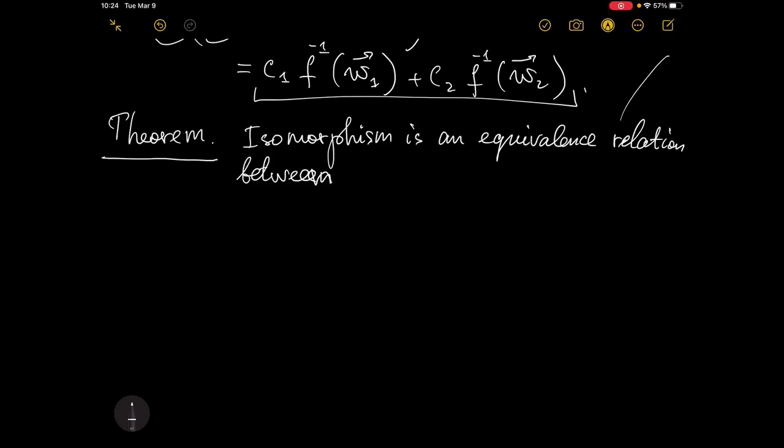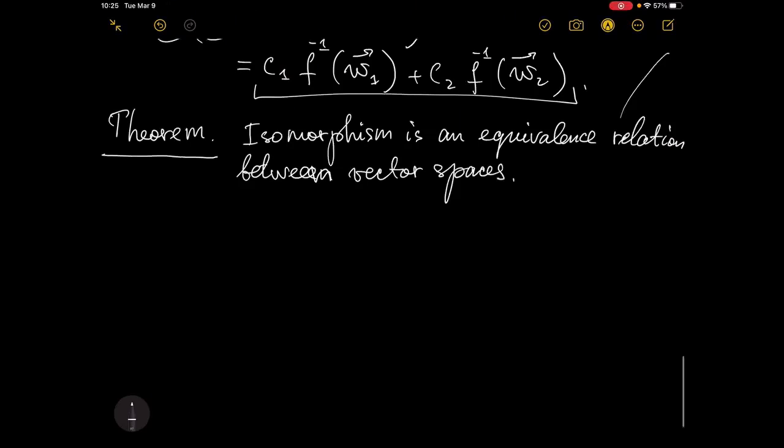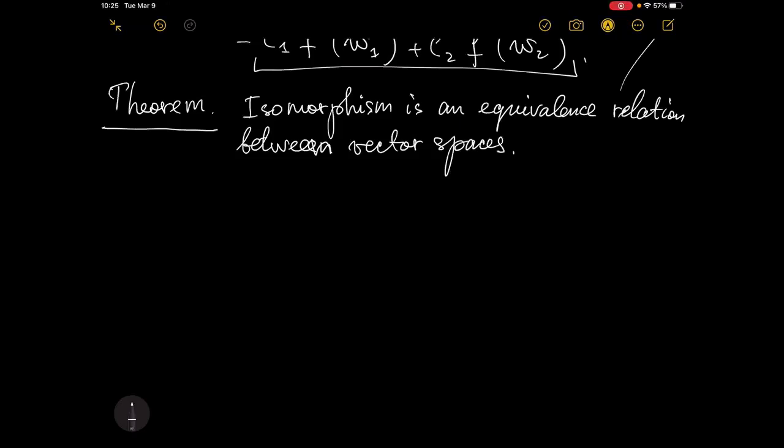Essentially, what we need to prove is that this relation is reflexive, symmetric, and transitive.